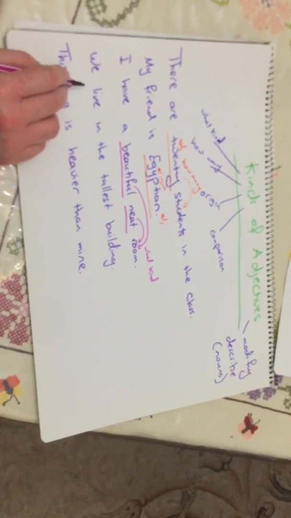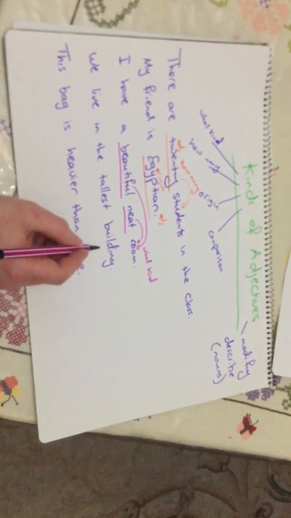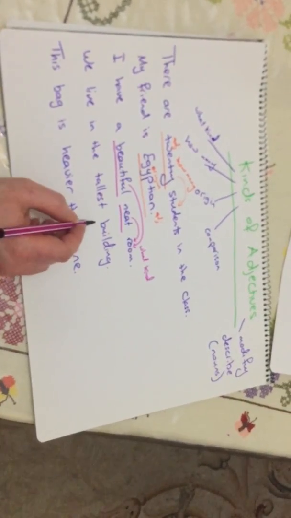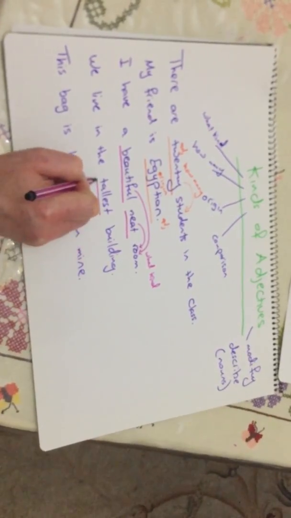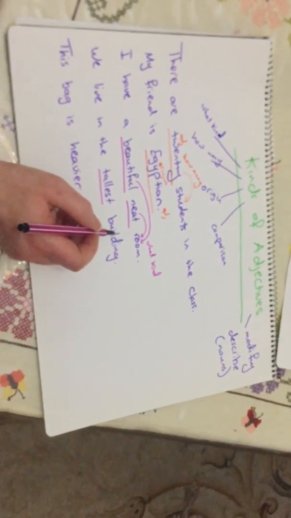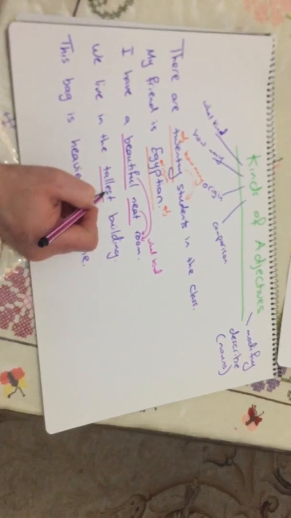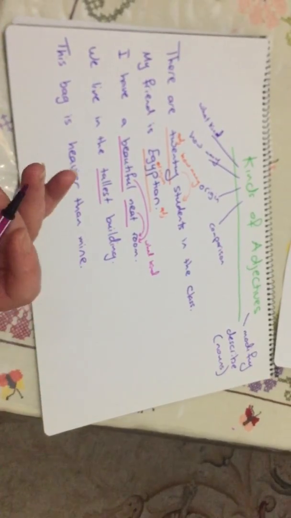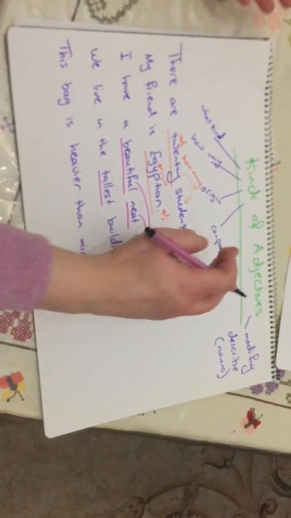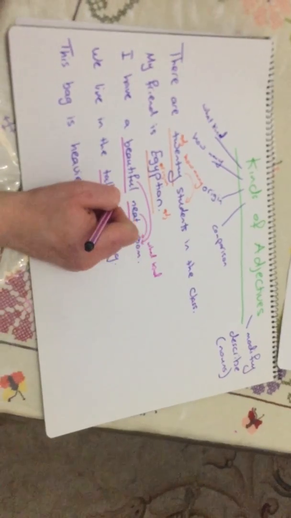Now let's see here. We live in the tallest building. This sentence describes what? Our building, that it's the tallest one, let's say in the neighborhood or whatever. When we use an adjective to compare between two nouns or more, these adjectives are considered the comparison kind of adjective.